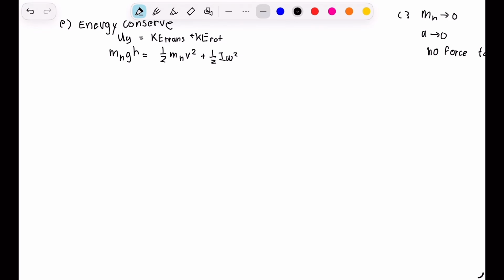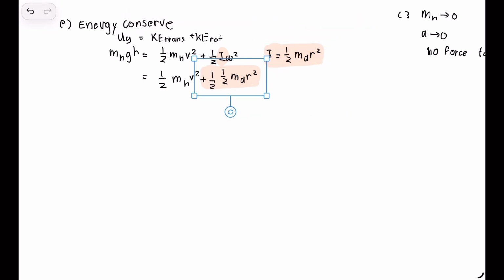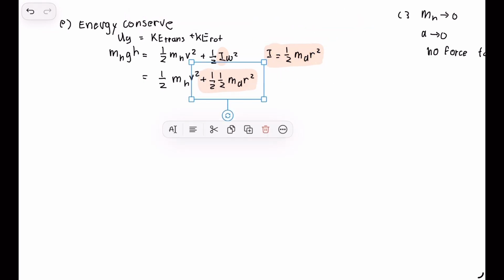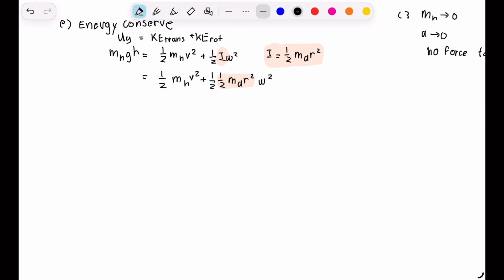We can substitute our I. So the moment of inertia for the disk is 1/2 the mass of the disk times radius squared. So this simplifies to 1/2 mass hanging velocity squared plus 1/2 this expression times omega squared.